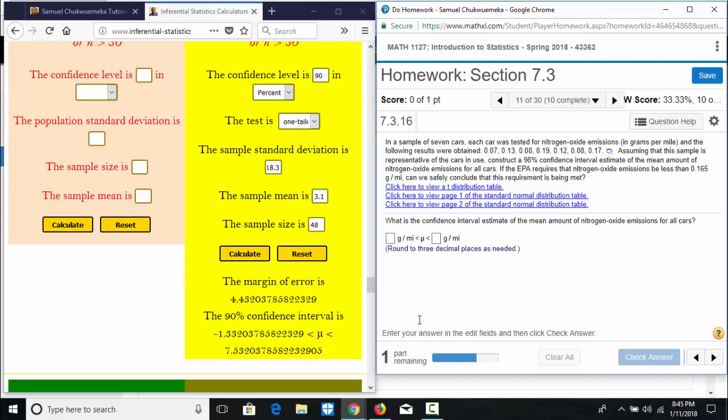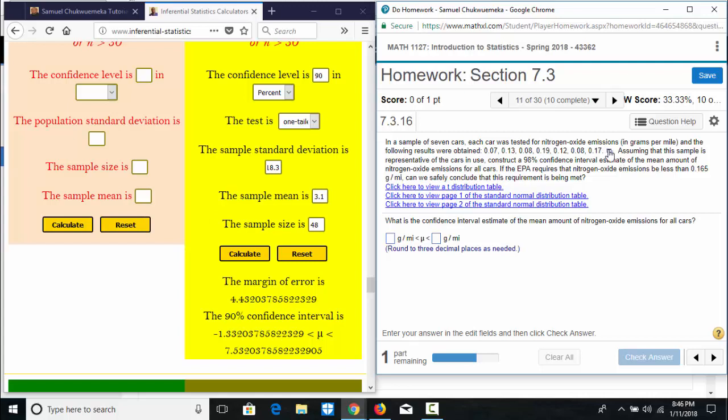Assuming that this sample is representative of the cars in use, construct a 98% confidence interval estimate of the mean amount of nitrogen oxide emissions for all cars. If the EPA requires that nitrogen oxide emissions be less than 0.165 grams per mile, can we safely conclude that this requirement is being met?